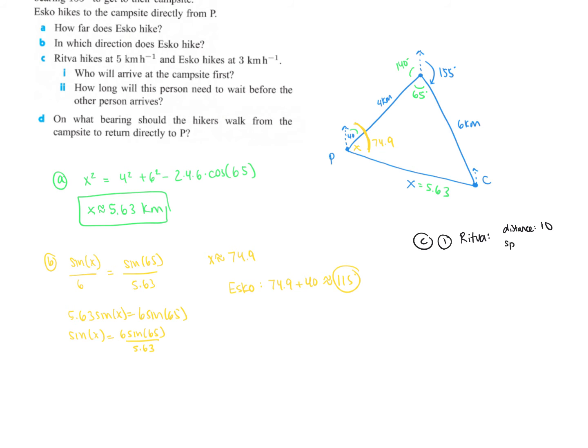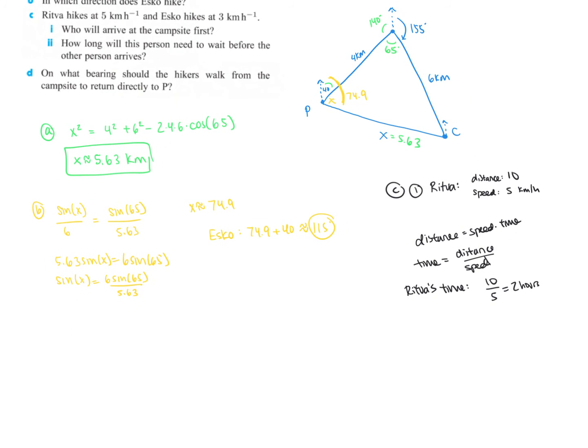And her speed is 5 kilometers per hour. So we can remember that distance is speed times time. So to solve for time, it would be distance divided by speed. So Ritva's time is going to be 10 divided by 5. It's going to take her 2 hours.